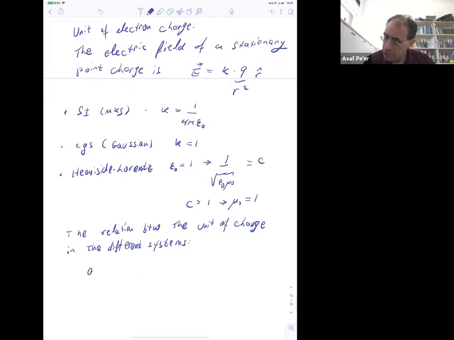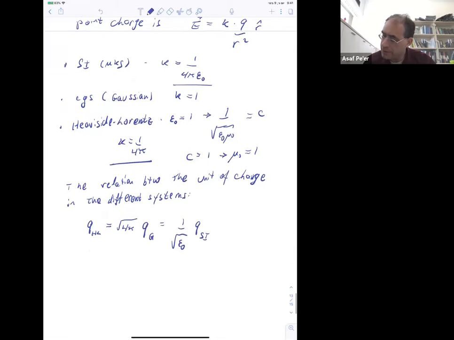In Heaviside-Lorentz units, K is 1 over 4 pi. Epsilon 0 is equal to 1, but I didn't write down the K; it's just 1 over 4 pi. So the Q in Heaviside-Lorentz is the square root of 4 pi times Q in Gaussian units, and that's 1 over the square root of epsilon 0 times Q in SI units.